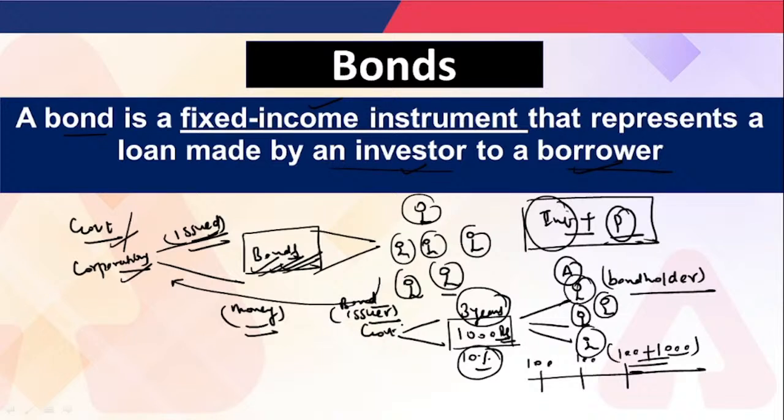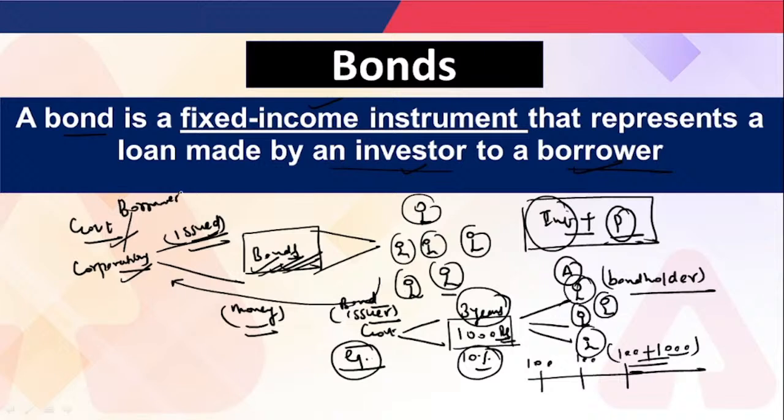Now I hope you understand why it is known as a fixed income instrument. This is just an example to understand what a bond is and the mechanism of the bond. Now the question: who is known as the investor and who is known as the borrower in the case of a bond? Whoever takes the money is known as the borrower.